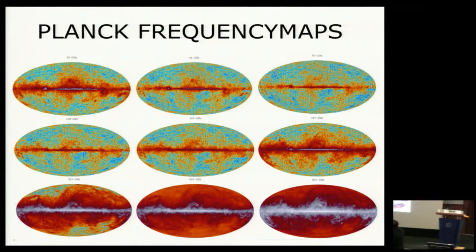The CMB is beautifully visible outside the galactic plane at the main CMB frequencies of 70, 100, 143, and even at 217 at high galactic latitudes, it's pristine CMB. And as a result, in the high multipole likelihood, we do no component separation at all. We deal with galactic emission by masking the sky and by modeling unresolved foreground emission.